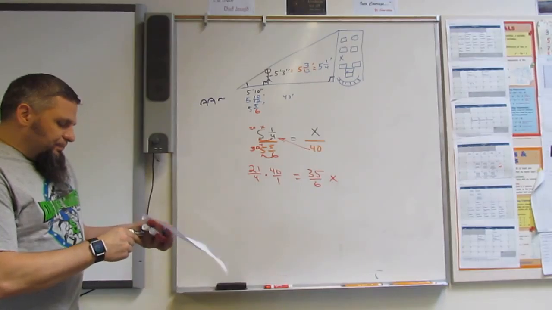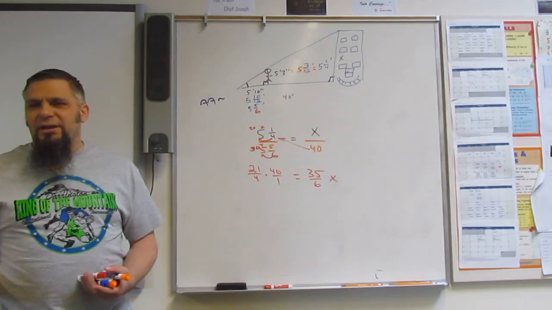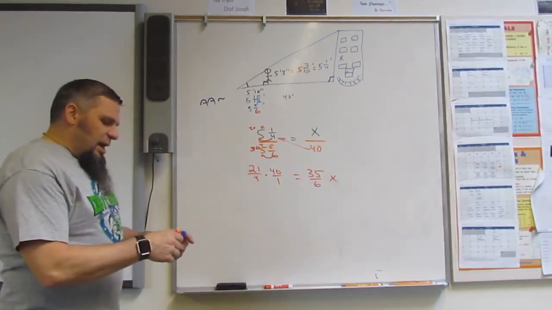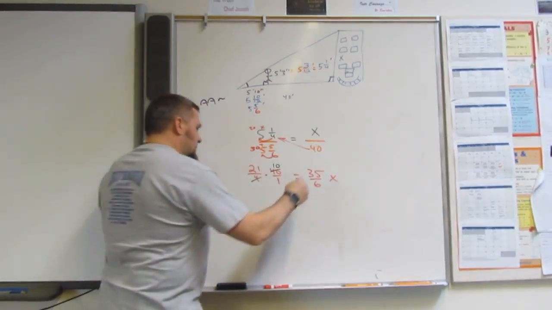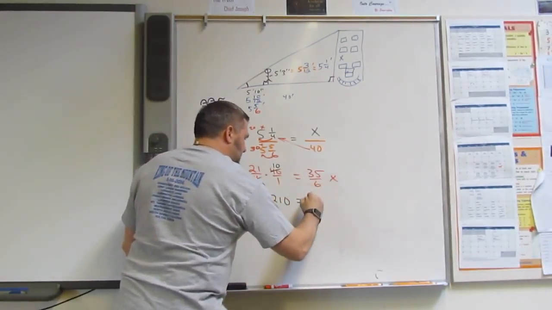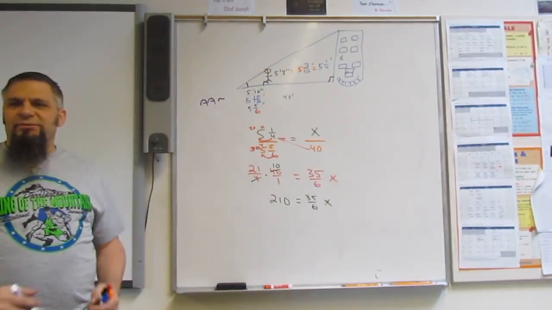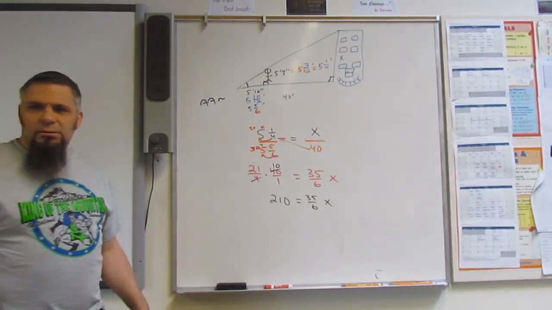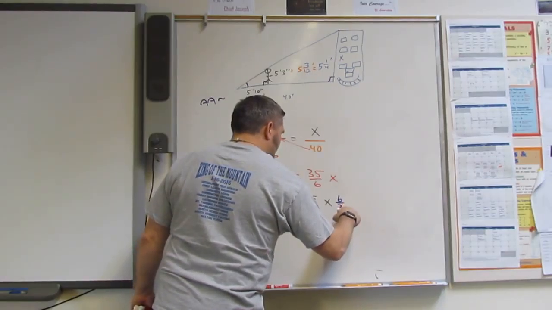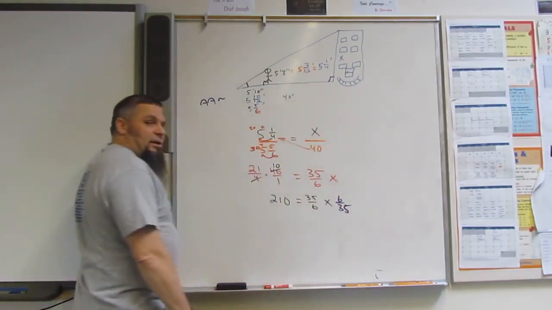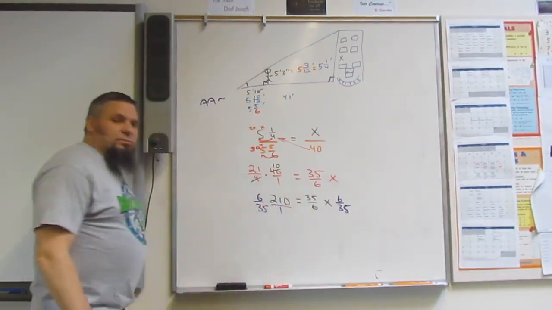I can do this 2 ways: keep them apart, or put them together. I know that 4 goes into 40 10 times, so that's just 210, which is equal to 35 over 6x. So how do I get rid of the 35 over 6? Multiply by 6 over 35. Then it's 6 over 35 times 210 over 1.